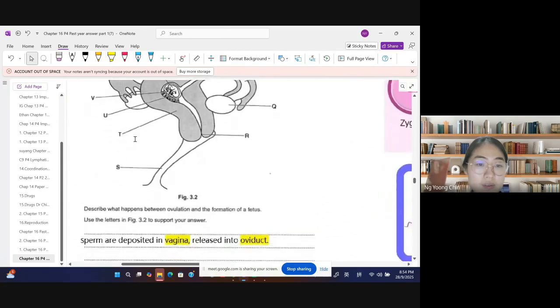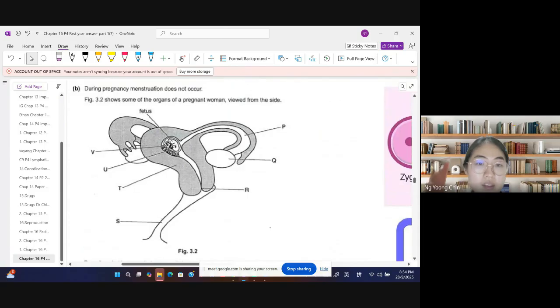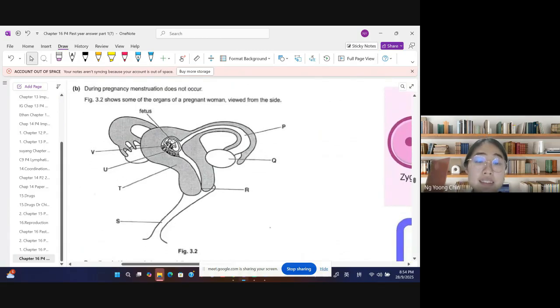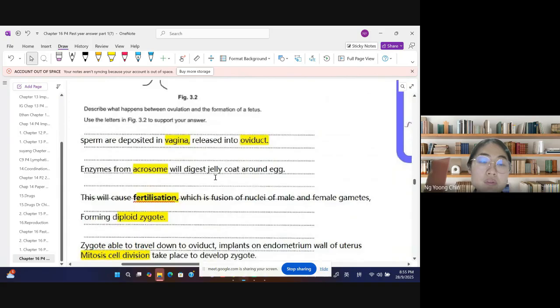Okay, so here, this one. The pregnant woman, when you view from the side, will look something like this. You can see the fetus inside. And then what happens between ovulation and formation of the fetus? You should be able to describe the process.